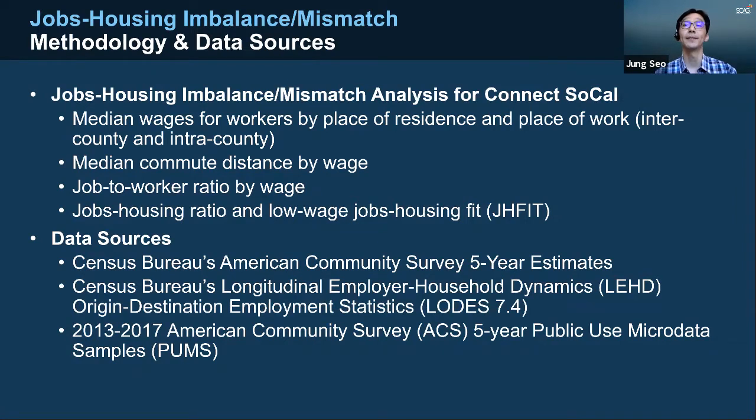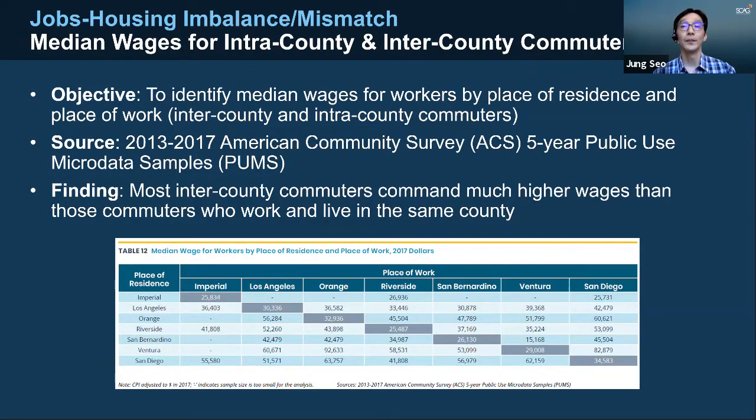First, the Census ACS 5-year estimates, also the LEHD Origin-Destination Employment Statistics data, the LODES data, and the ACS 5-year PUMS data. First, we examined the median wages for inter-county and intra-county commuters using the 2013-2017 ACS 5-year PUMS data.